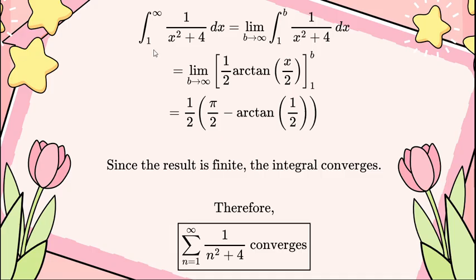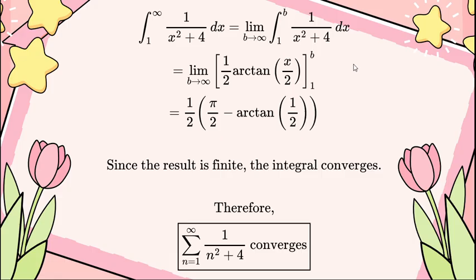So we have the integral from 1 to infinity of 1 over x squared plus 4 dx, that is equal to the limit as b approaches infinity of the integral from 1 to b of 1 over x squared plus 4 dx. As you remember, we discussed a theorem before.